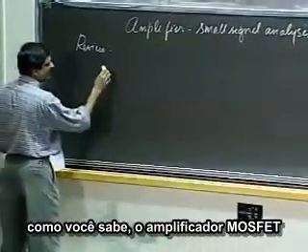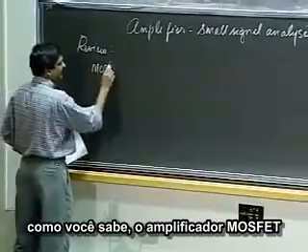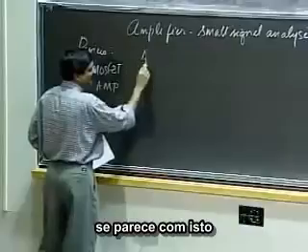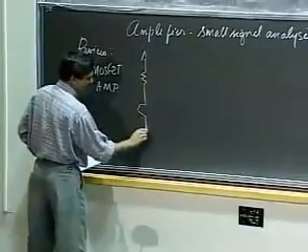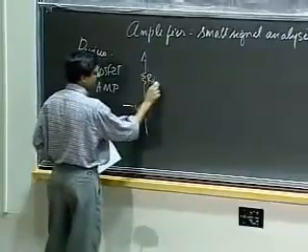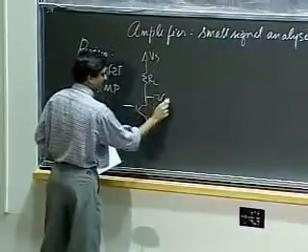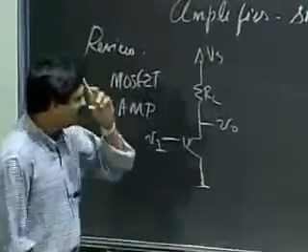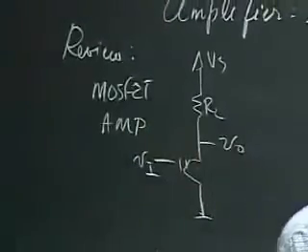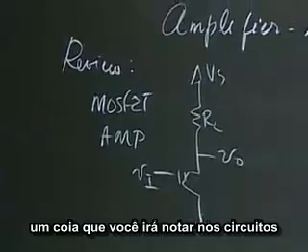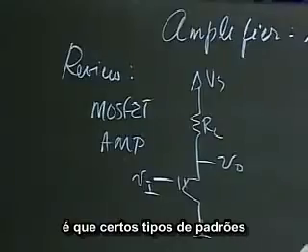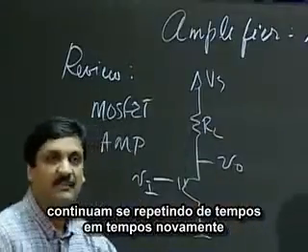And as you know, our MOSFET amplifier looks like this. One of the things you'll notice in circuits, as I have been mentioning all along in this course, is that certain kinds of patterns keep repeating time and time again.